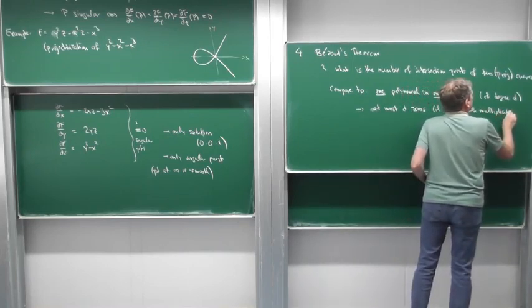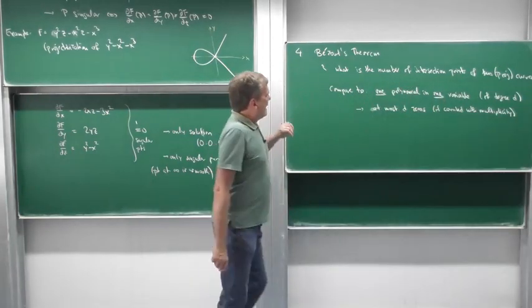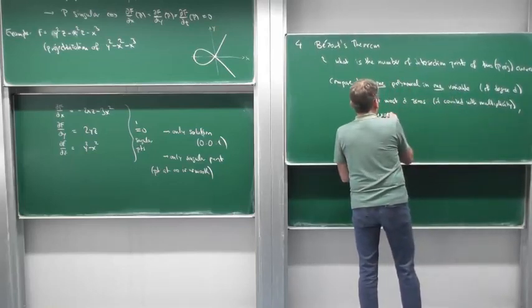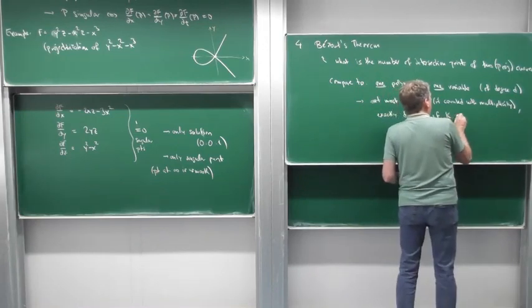So this we'll always do here. We also have an intersection multiplicity for two curves, that's fine. And we have exactly d zeros if K is algebraically closed.